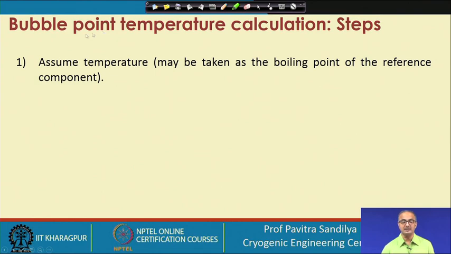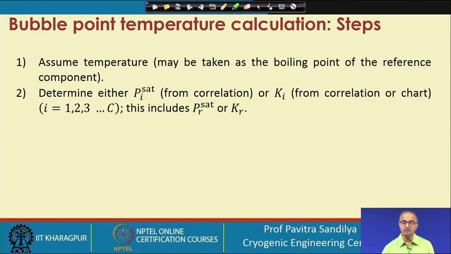Here we are taking the example of bubble point temperature calculation, that is, we are given the pressure and the liquid phase mole fractions of all the components. So let us assume some temperature, and this first assumption may be taken as the boiling point of the reference component. Now once we have assumed the temperature, what can we do?